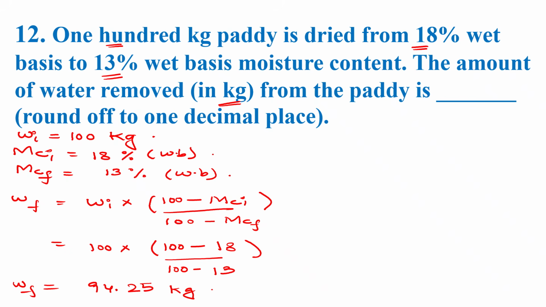We can just say that amount of water which is removed, that is from initial weight of the paddy minus the final weight of the paddy, will get the amount of moisture which is removed. That will be 100 minus 94.25, which is equal to 5.75 kg. So this is the amount of water which is removed from the paddy, 5.75.